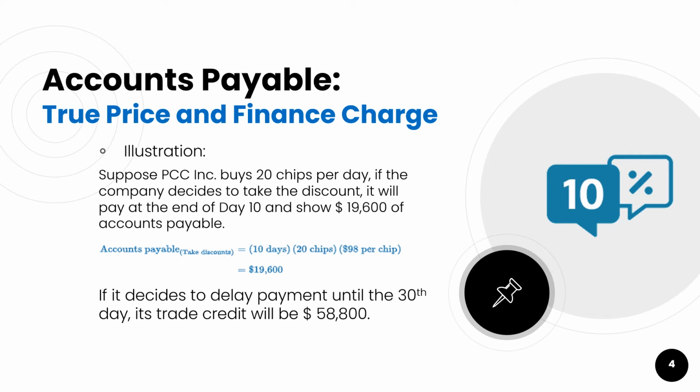However, if PCC Inc. decides to delay payment until the 30th day, its trade credit will be $58,800. This was solved by multiplying 30 days, 20 chips, and $98 per chip. As you will notice for both solutions, the true price of $98 is used even for the scenario where the discount was not taken.